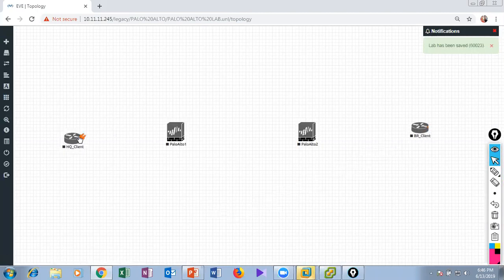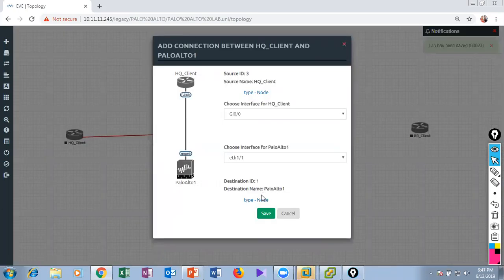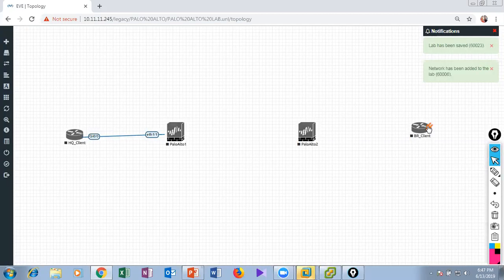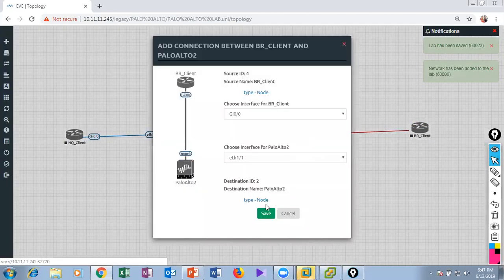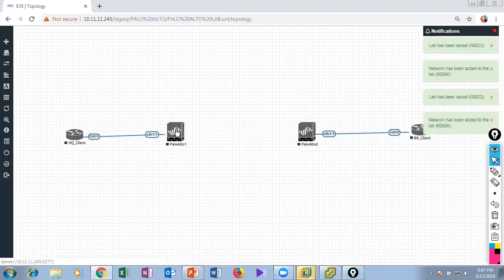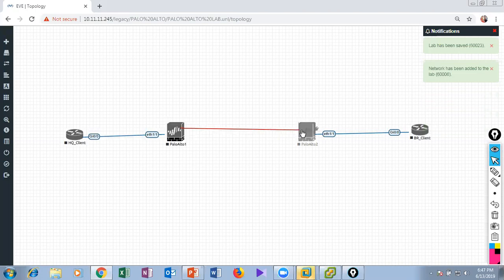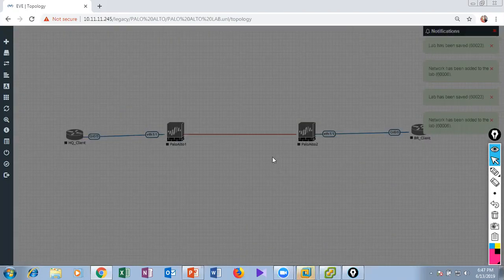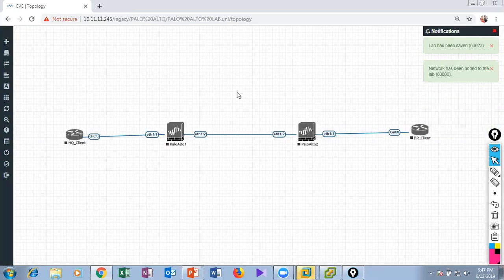Now I'll connect this with the Palo Alto interface. Here also I'll connect with the Palo Alto interface, and I'll make a direct connection between the two Palo Altos. Anyway, after having the ISP or anything, that has to make connectivity between the two firewalls, right?